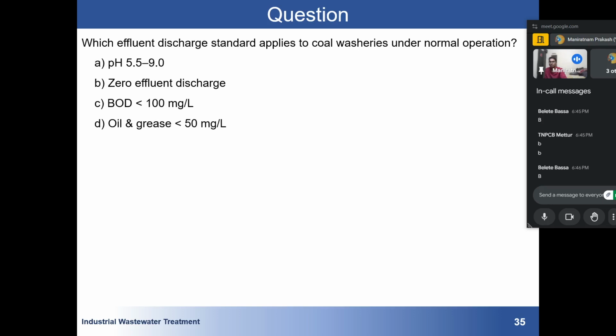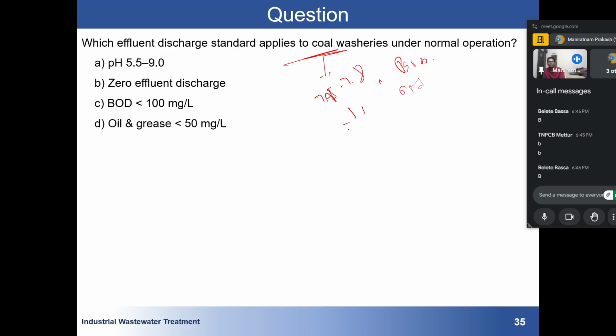These are some of the direct questions. Which effluent discharge standard applies to a coal washery under normal operation? We have seen that the pH should be between 7.5 to 7.8, and other things are also there: BOD, COD, oil.